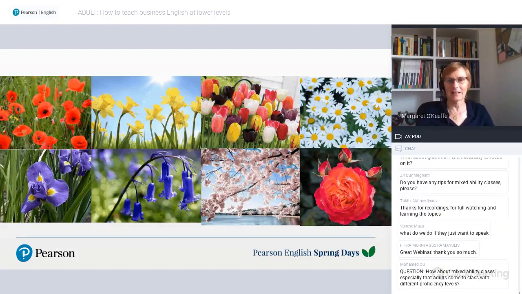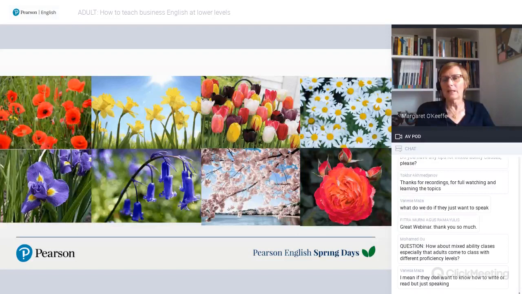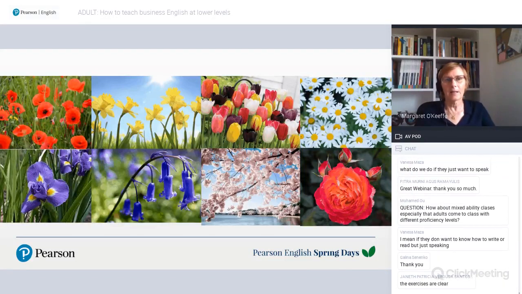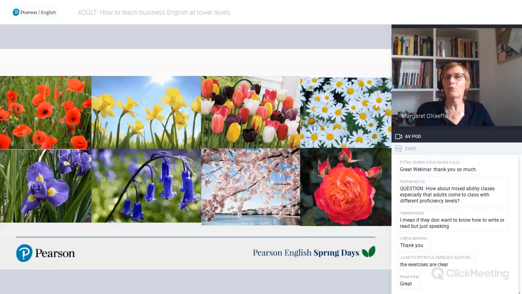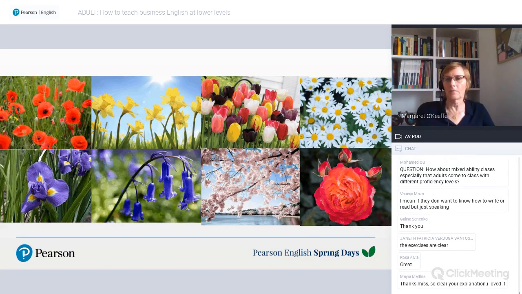That would be fantastic if they can use it in the real world. When I go into companies, students feel really empowered by these useful chunks of functional language. If I come into the building and they see me, they automatically greet me in English and ask something personal, and it's really nice that they feel confident to do that. Hopefully they're doing it with other colleagues at work as well.